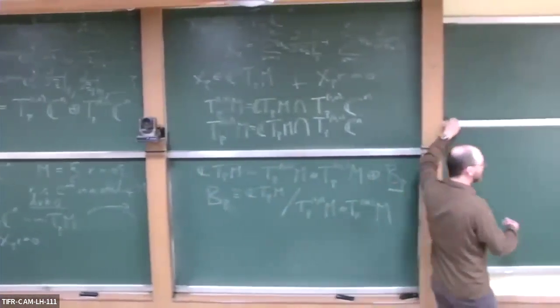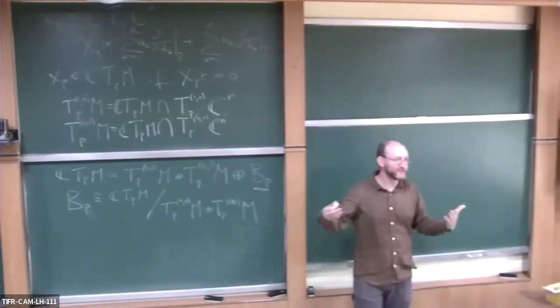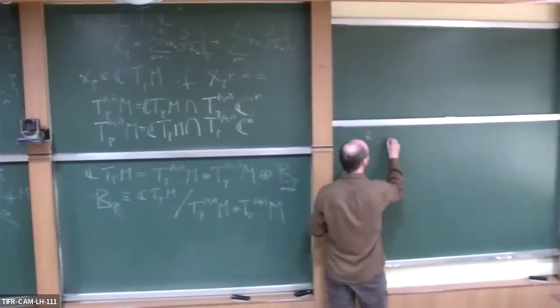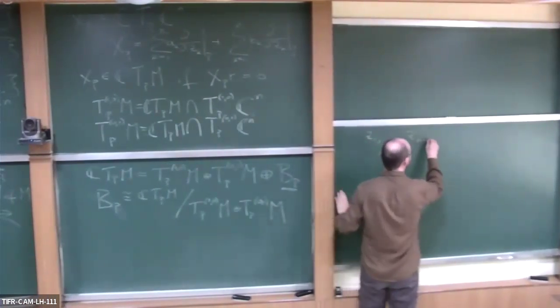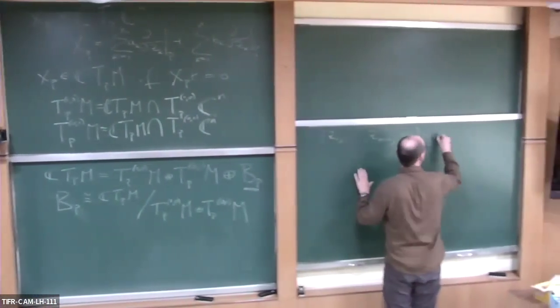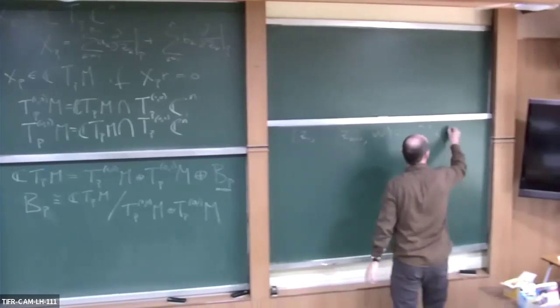For this, it's more convenient, instead of using C1 through Cn, to write C1 to Cn minus 1, and then a W. So Z is going to be in Cn minus 1, and W is going to be in C.